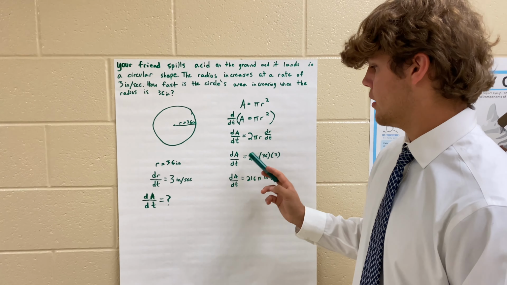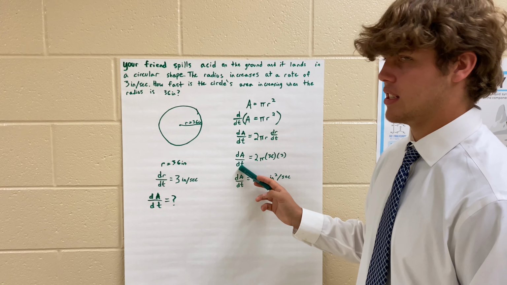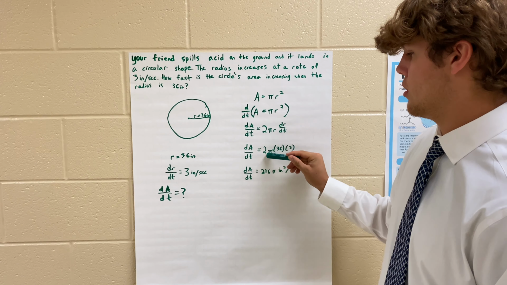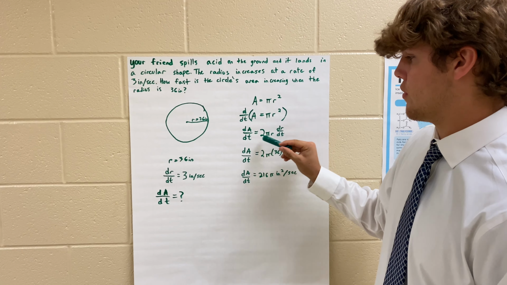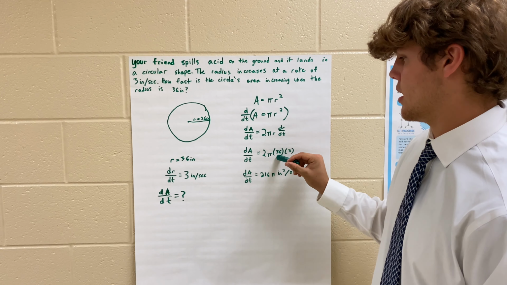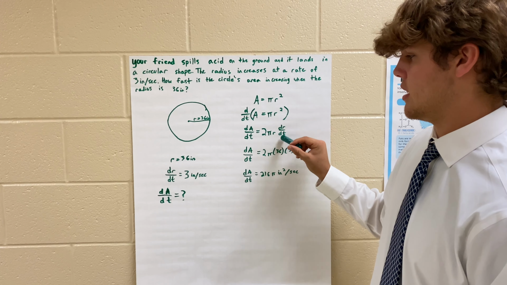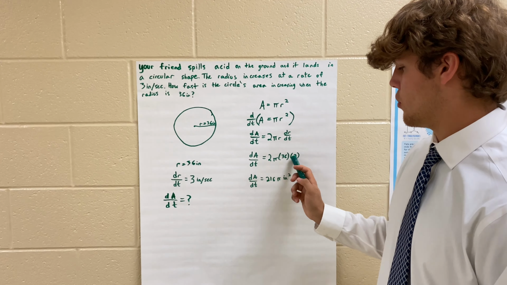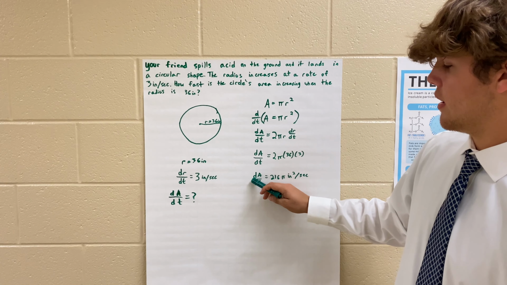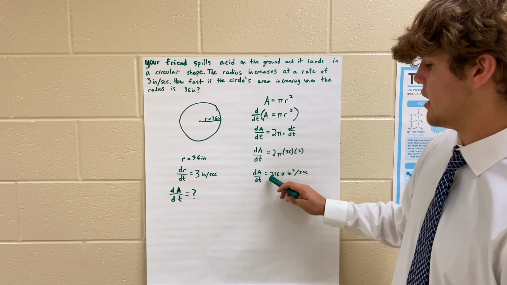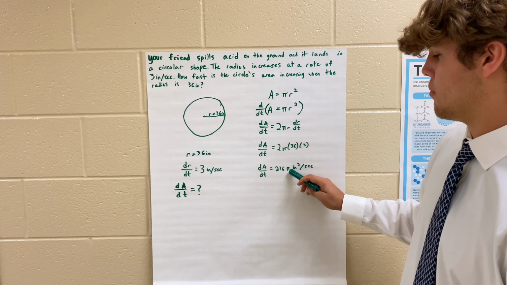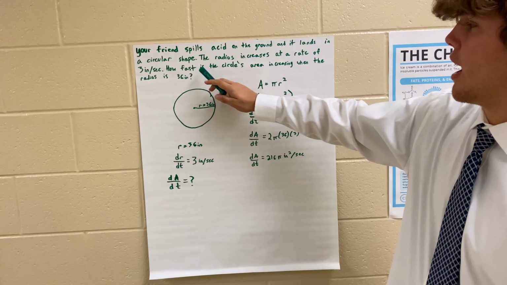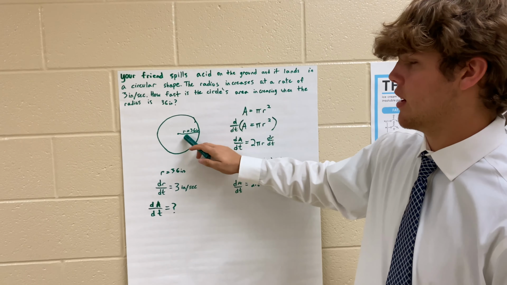We don't know dA over dt, so that will stay. That equals 2 pi, and for the radius we'll sub in 36, and for dr over dt we'll sub in 3. After multiplying this out, we find that dA over dt equals 216 pi inches squared per second. So that is how fast the circle's area is increasing.